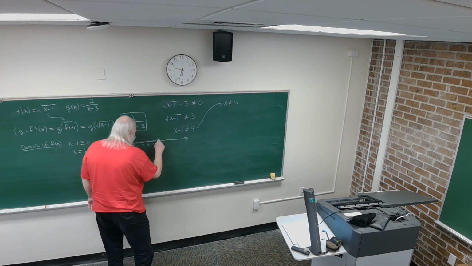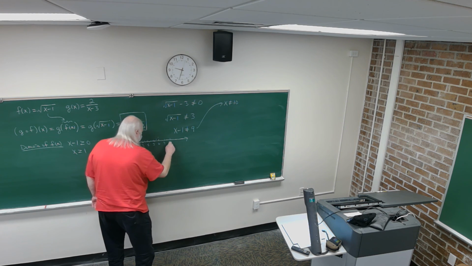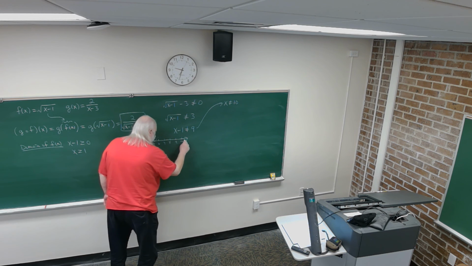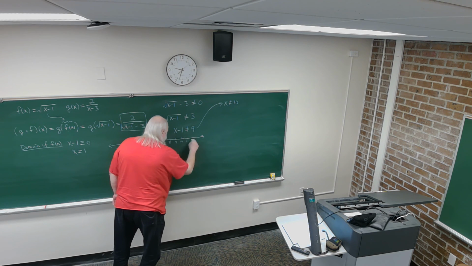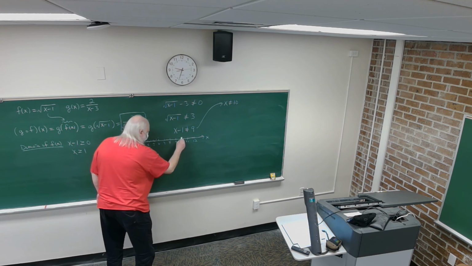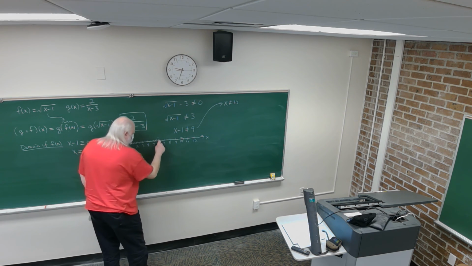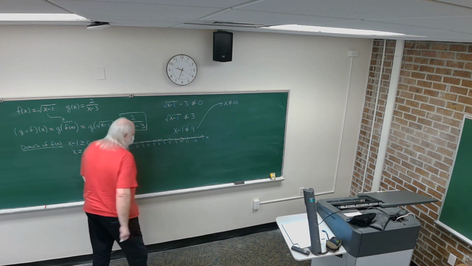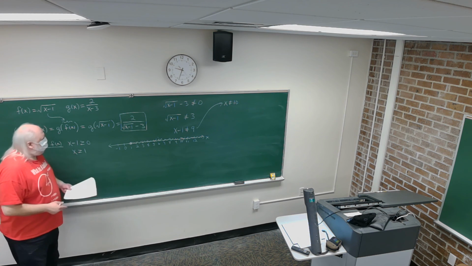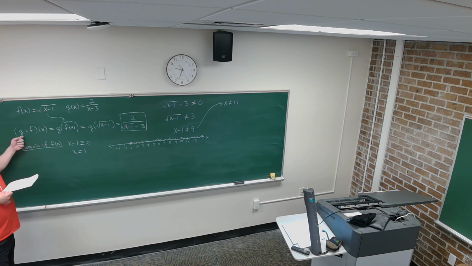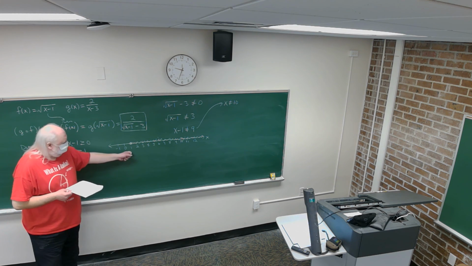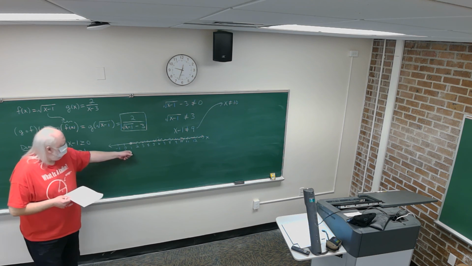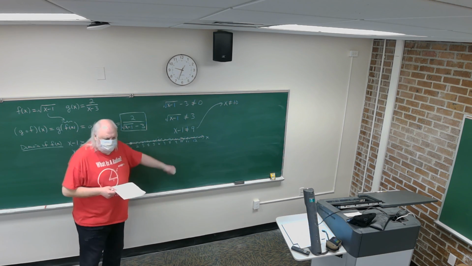So here's 4, 5, 6, 7, 8, 9, 10, 11, 12, and so forth. So here's 10, an open circle on 10, and then everything is shaded up to 10 and after 10. And so that's the graph of the domain of our composite function. x has to be greater than or equal to 1, not equal to 10.